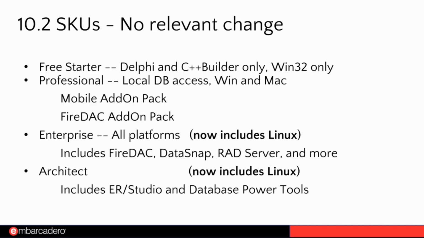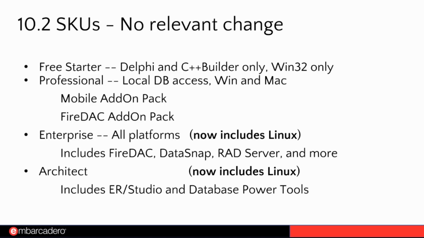With the Professional edition in 10.2, you have full local database access. That's powered by FireDAC with a full array of local database connectivity, and the Windows and Mac compilers for both VCL and FireMonkey. Also, as an additional option, you can get the mobile add-on packs or the FireDAC add-on pack to allow you to have cross-network database connectivity.